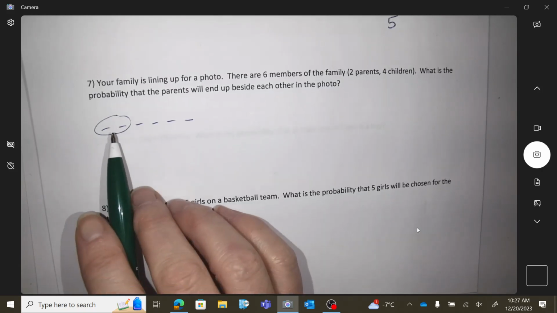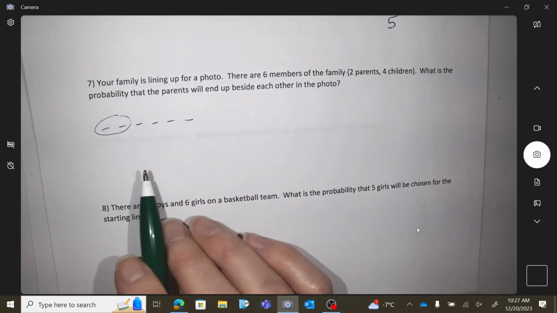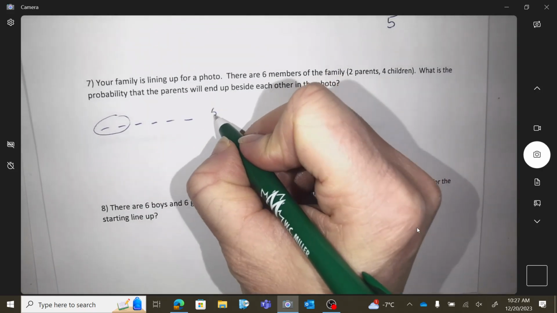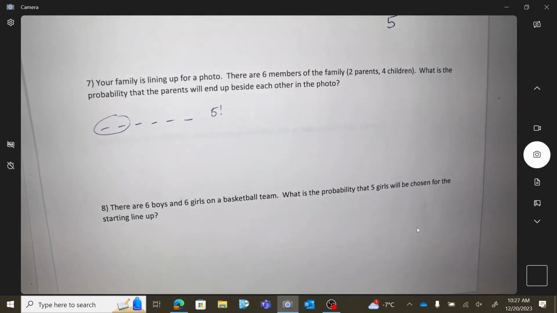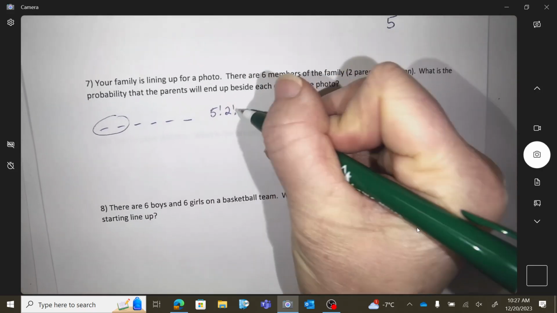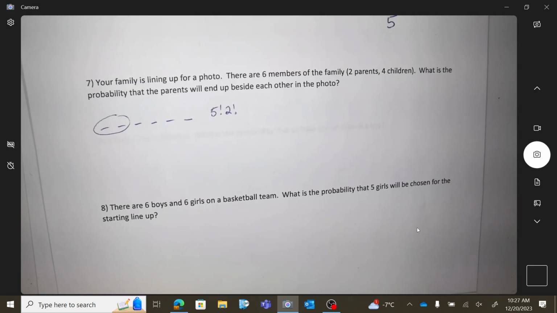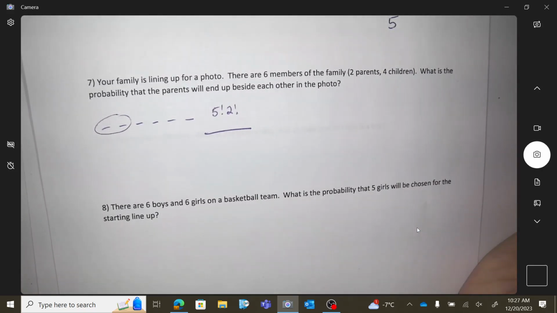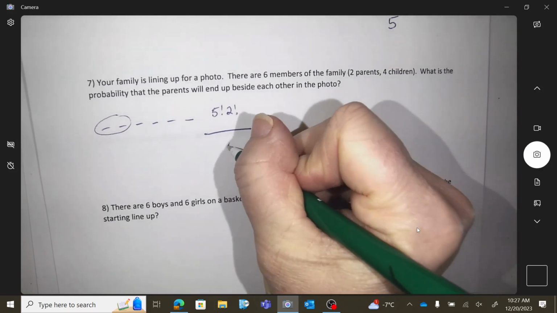How many items move around now? There's only 5 movements now. What can the parents do beside each other? So this is this situation, and you always divide it by the all situation, if I didn't have any placements and I didn't care.